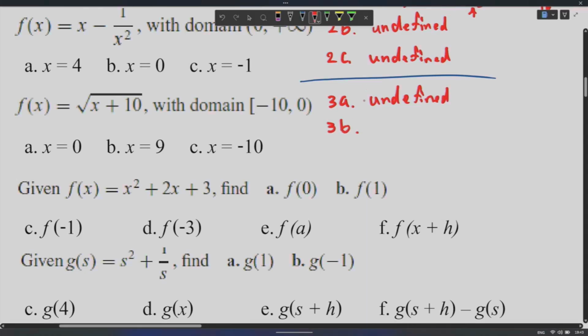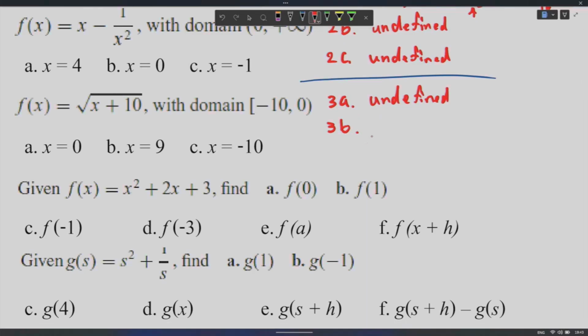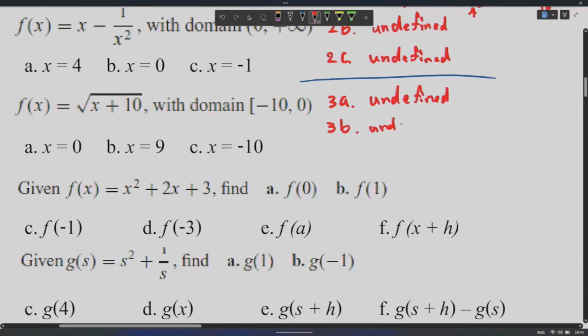For 3b, it is also not in the domain. So it's still undefined. And finally, for c, the minus 10 is in the domain, so we can find it.